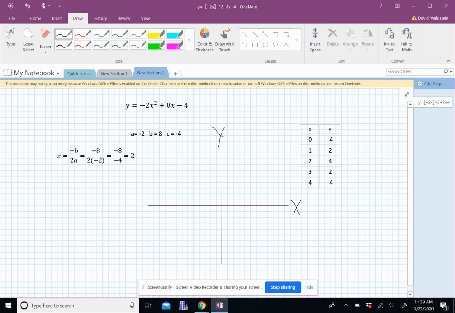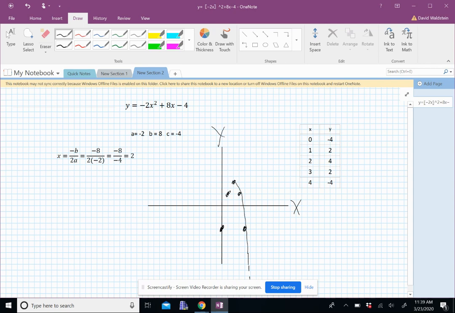And now I'm going to plot my 5 points. 0, negative 4 is down here. 1, 2 is right here. 2, 4 is going to be here. 3, 2 is right there. And 4, negative 4 is right there.